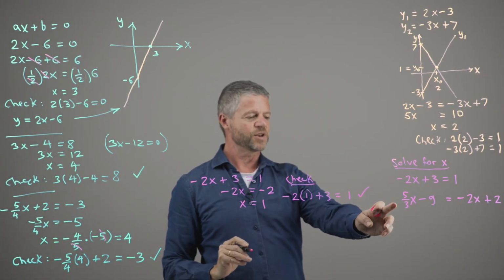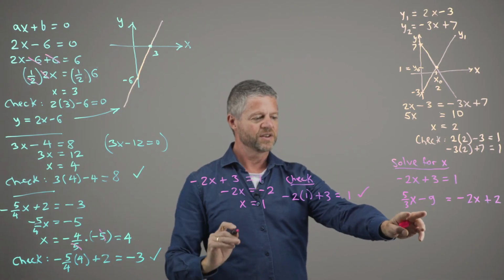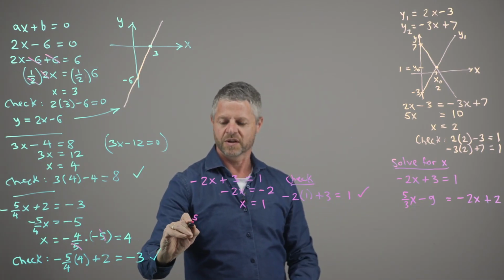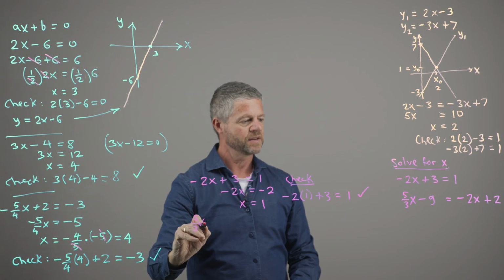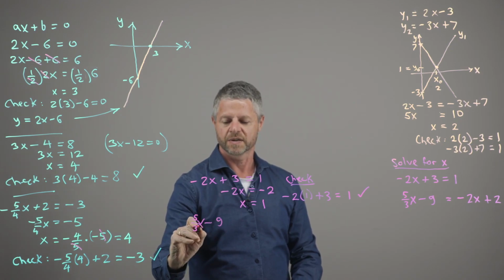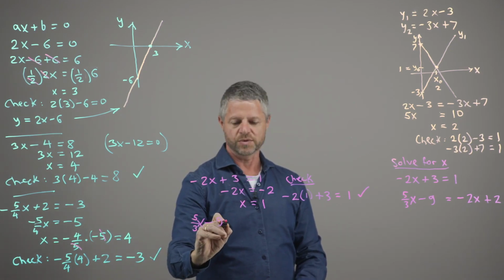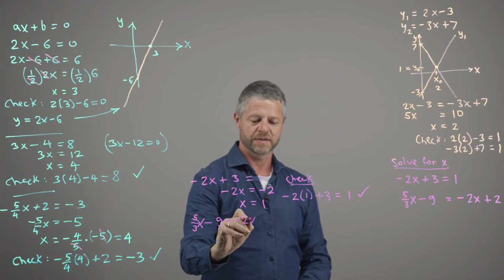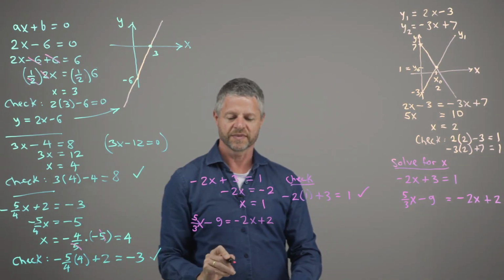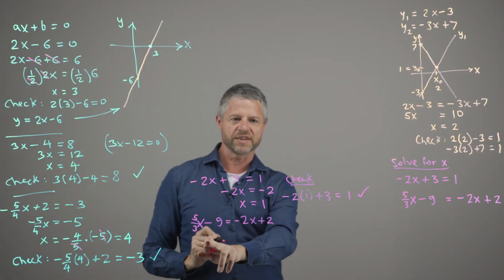And then the second problem, so we got 5/3 of x minus 9 equals minus 2x plus 2. So I'll try and get all the x's on the left-hand side.